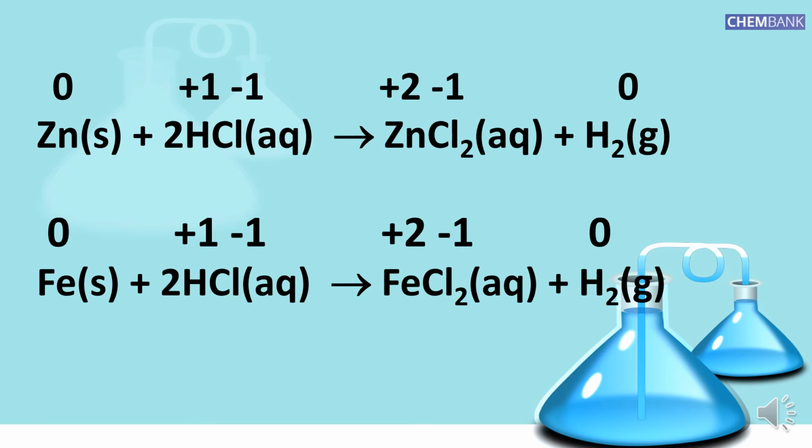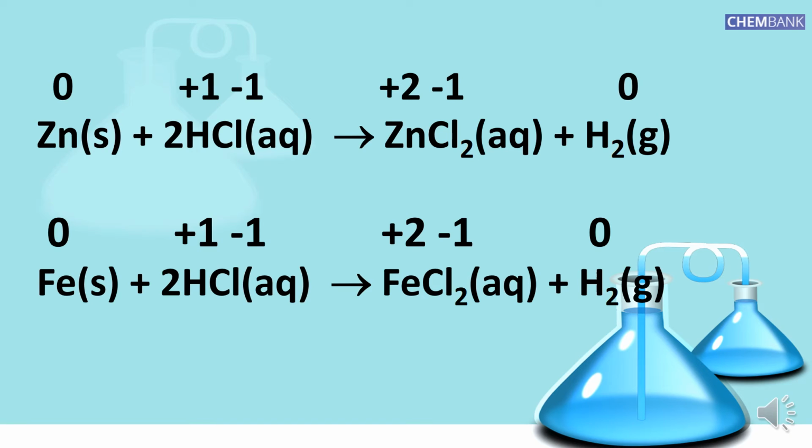Let us see the reaction of zinc and HCl. Students, many metals are capable of displacing hydrogen from acids. So zinc reacts with HCl to form zinc chloride and hydrogen. The oxidation number of zinc changes from 0 to +2. The oxidation number of hydrogen changes from +1 to 0.